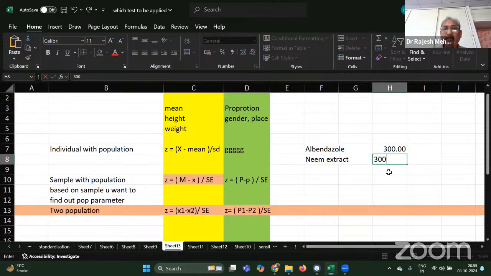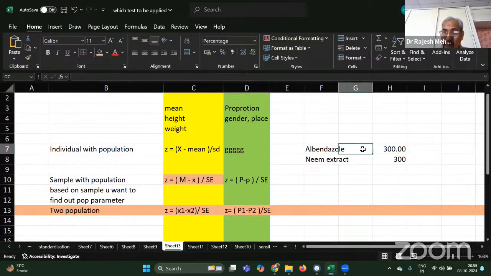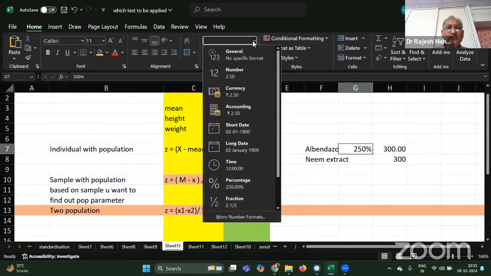Here also 300. And the result I got over here was around 250 got the result.